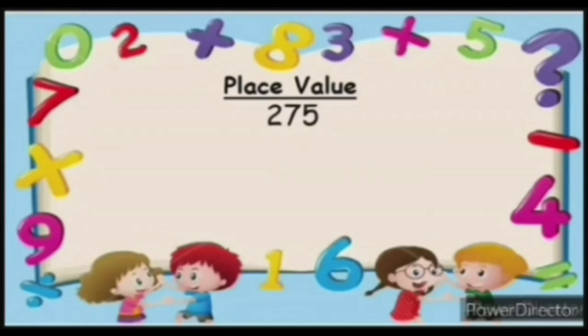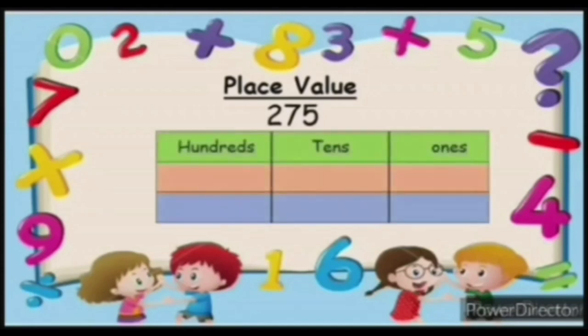We write the number 275 in the place value chart. Number 2 in the hundreds column, number 7 in the tens column and number 5 in the ones column.